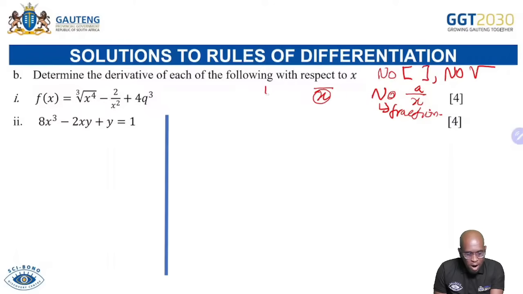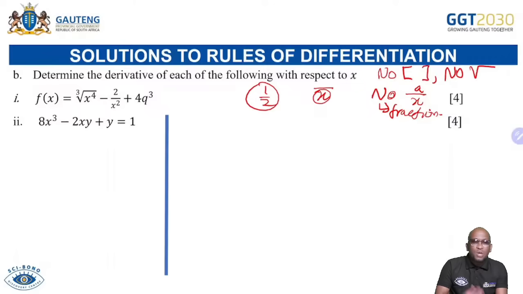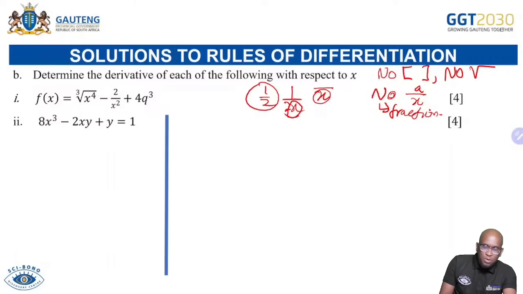All right, so 1 over 2 will not be what we are interested in, but 1 over 2x will be what we are interested in because there is the variable that we are differentiating with respect to, and it's in the denominator. Okay, so when that variable is in the denominator, we say that we would have a fractional differentiation there, and we don't need that.